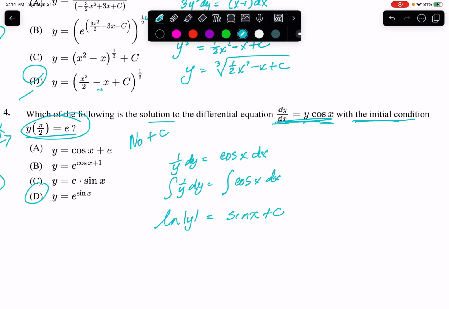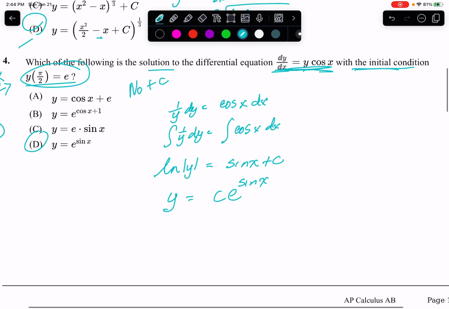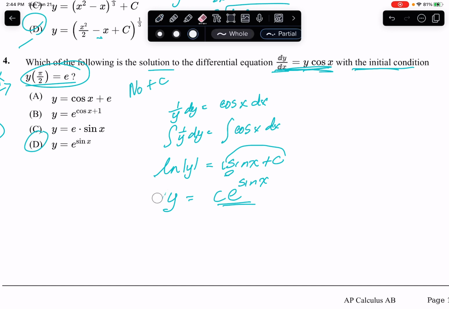So that means that y is equal to c e to the sine x. Remember how we flip that? That c goes down in front and the e's here because you know how to change from natural log to e, right? And I could remove the absolute values because that's going to be positive. Now, we need to come up with the right c.